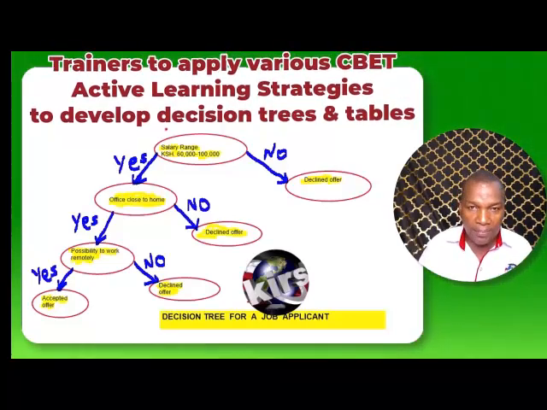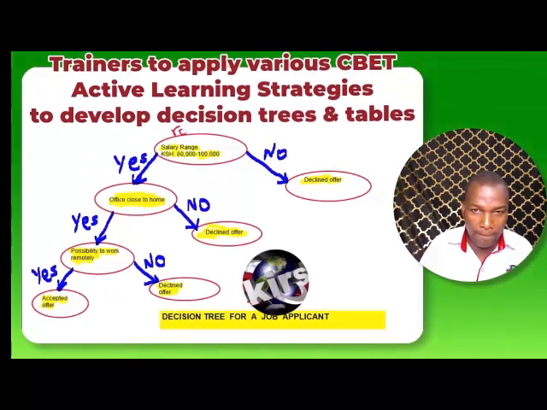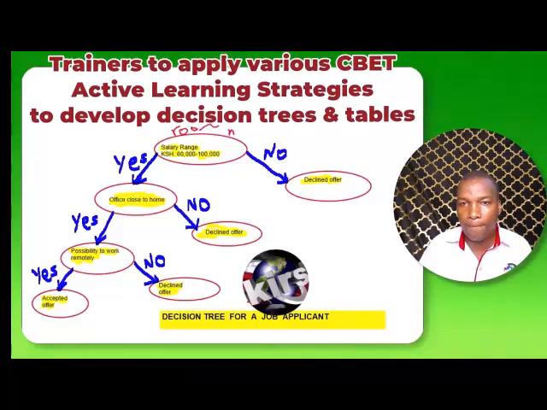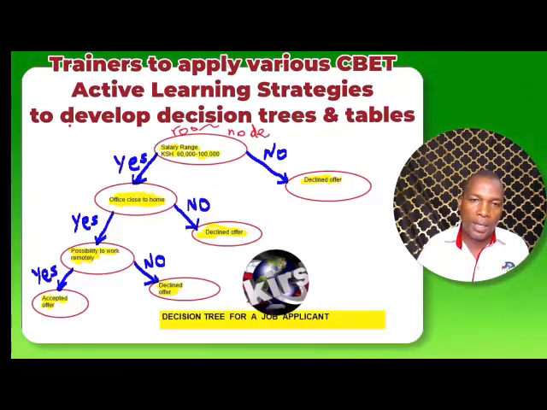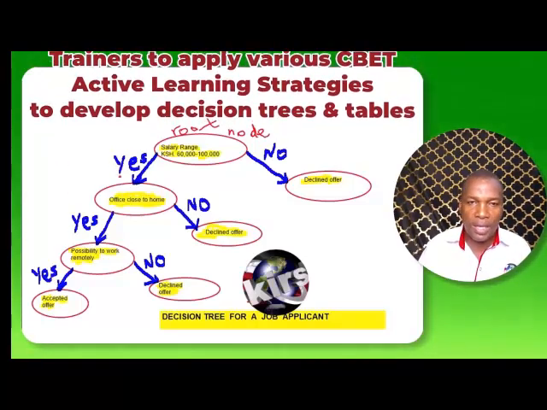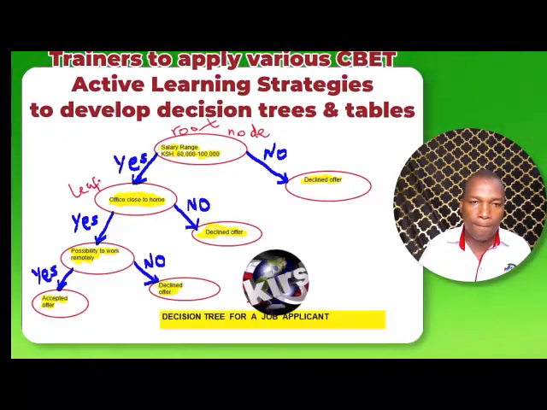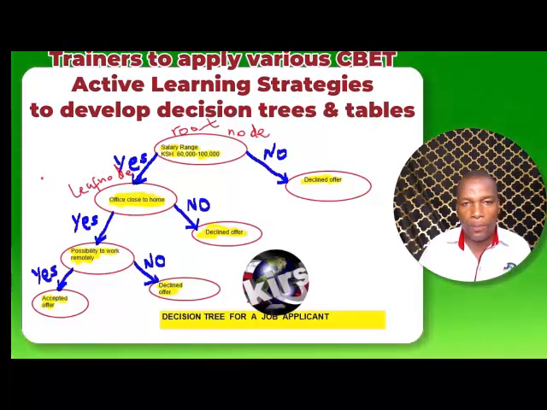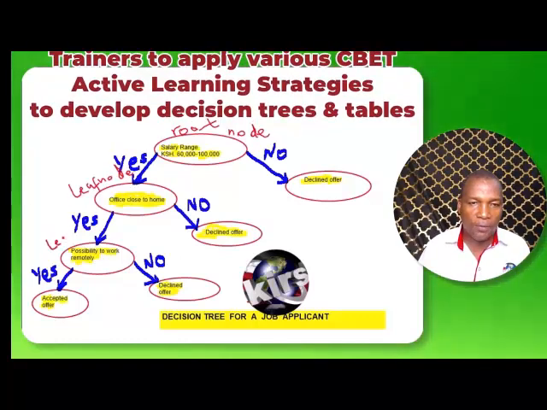So this becomes the root node. And then this one becomes the leaf node. And then, of course, also this one is a leaf node.